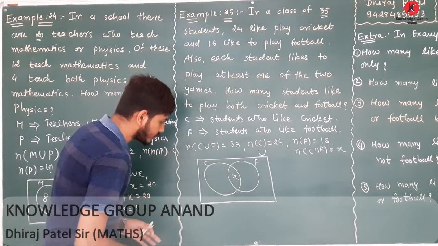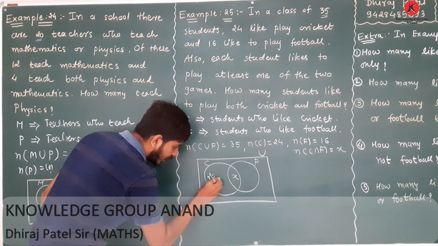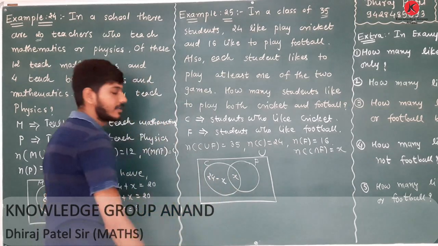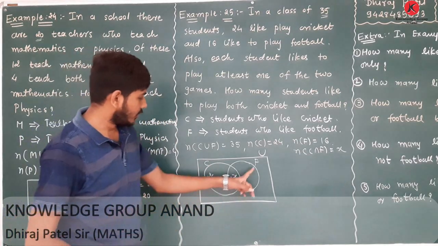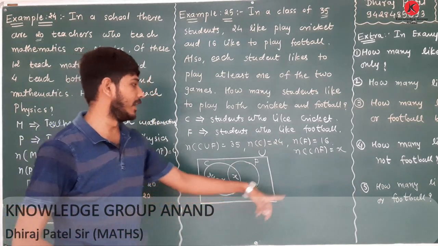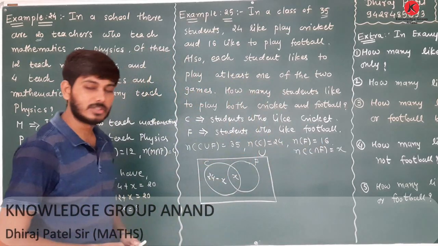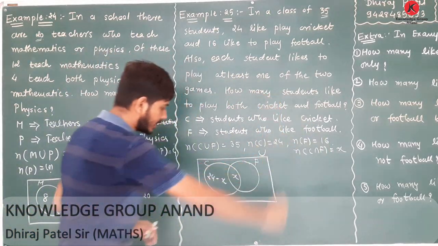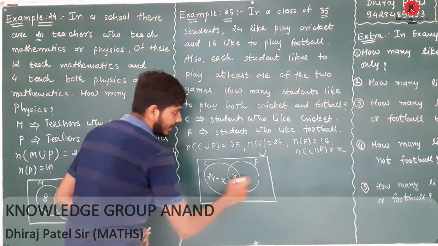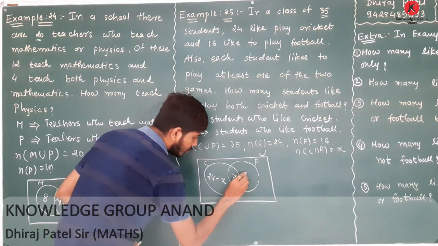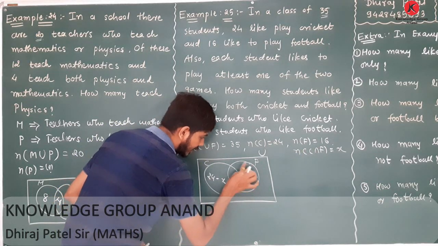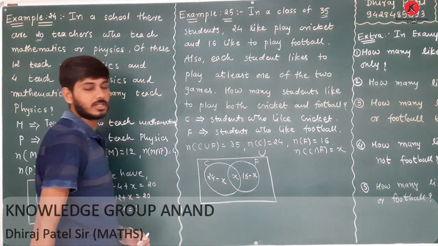Therefore, in this portion, you have to write 24 minus X elements. Now, for football, total number of elements equals 16. X among them are here, therefore you have to write 16 minus X elements in this portion.